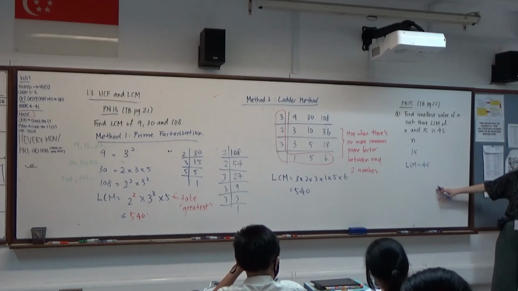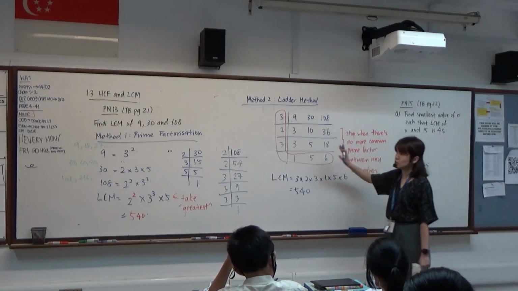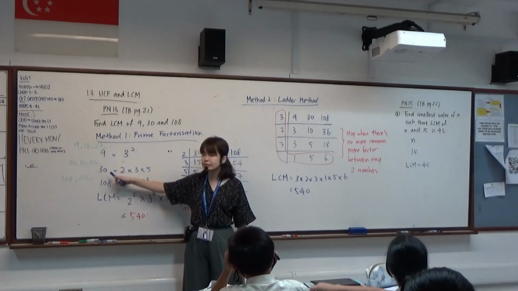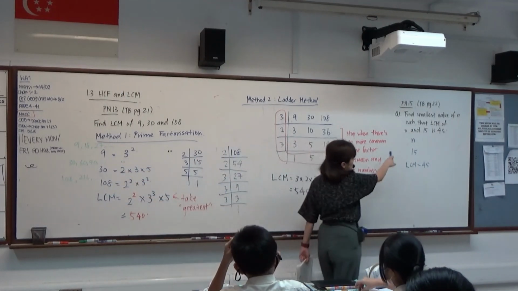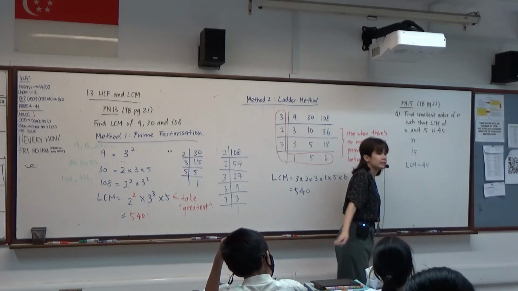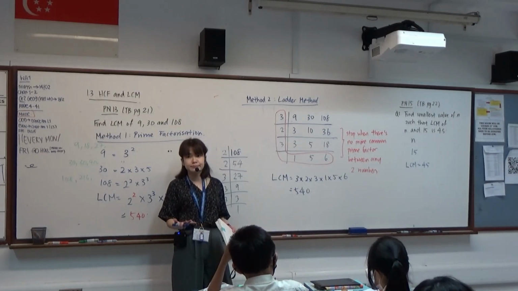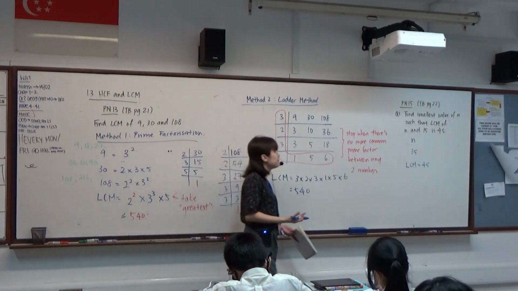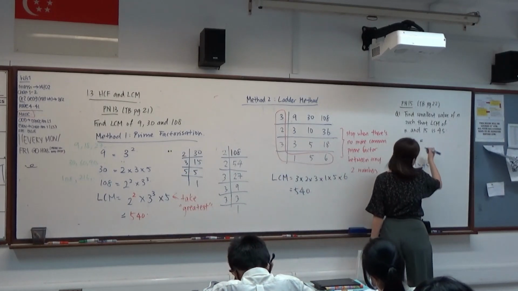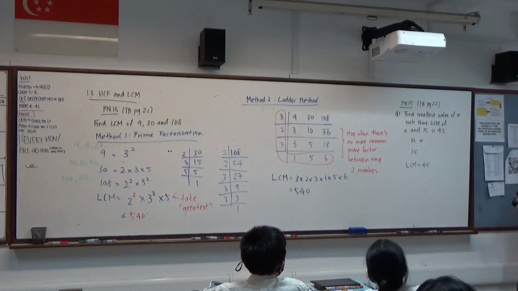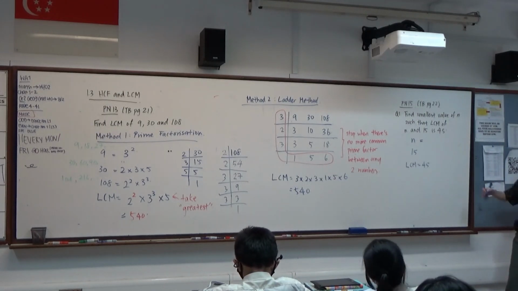If I follow the same structure as when I was doing my prime factorization, I identify the numbers, then after that my LCM is always at the bottom. So let's keep to that structure. For the value of n, we clearly don't know what it is, that's what we want to find.